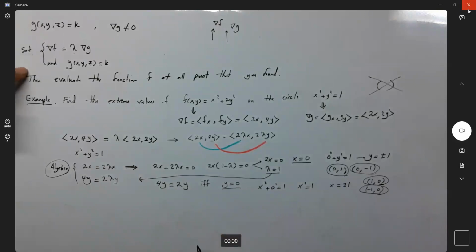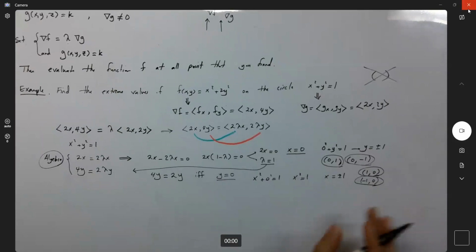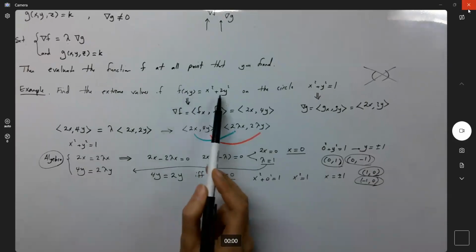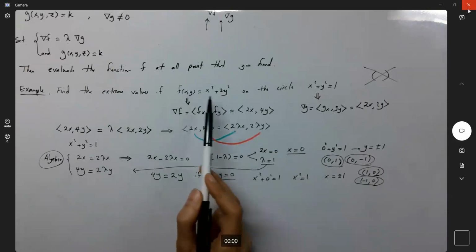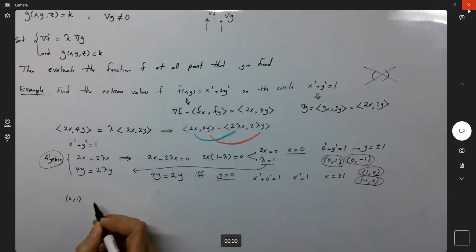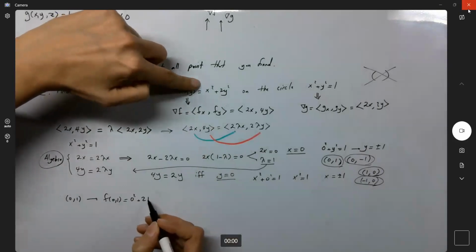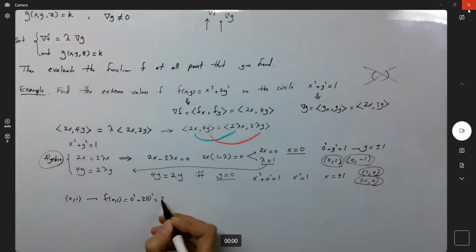Then evaluate the function f at all points. Okay, so this is my last step. In the last step, I'm going to plug everything into the function and compare these values. So at (0, 1), f of (0, 1) is equal to 0 squared plus 2 times 1 squared, which is 2.